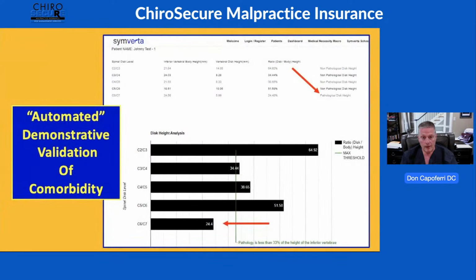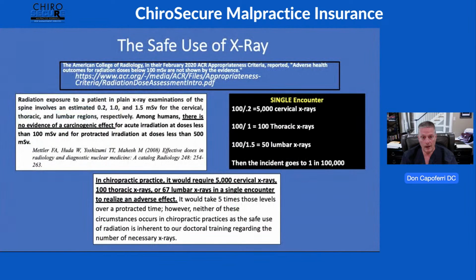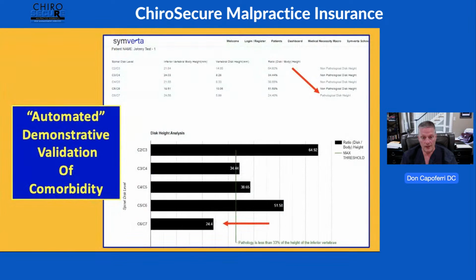It says safe use of X-ray right now. Then it's automated demonstrative. I don't know where you're going with this. Yeah, they're starting to move now. Well, actually, okay, cool. They're moving without me controlling it. Well, that's frightening. So what slide do you see now? Automated demonstrative validation of comorbidity.